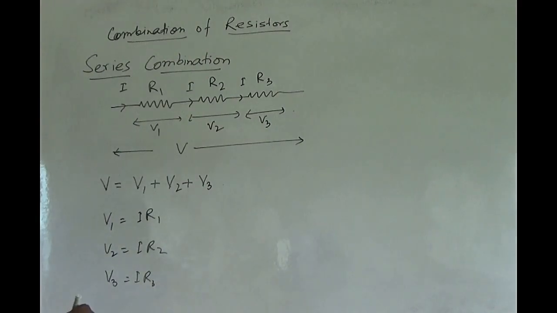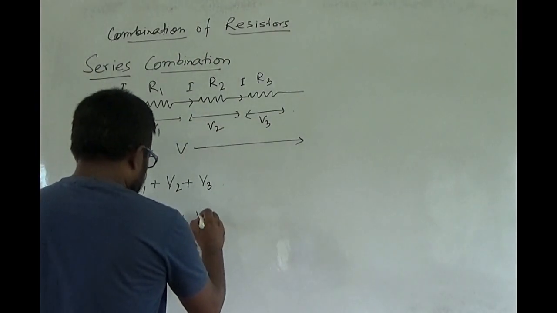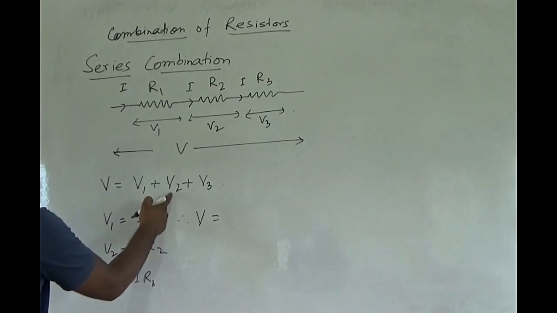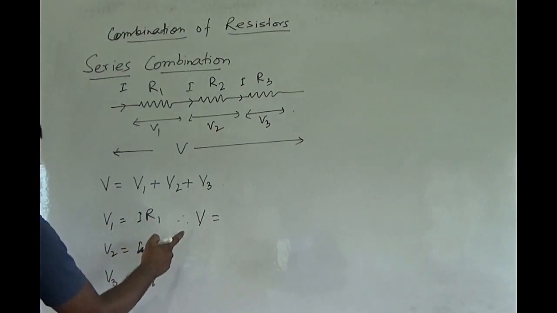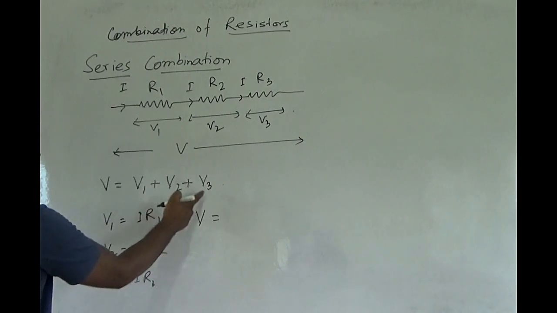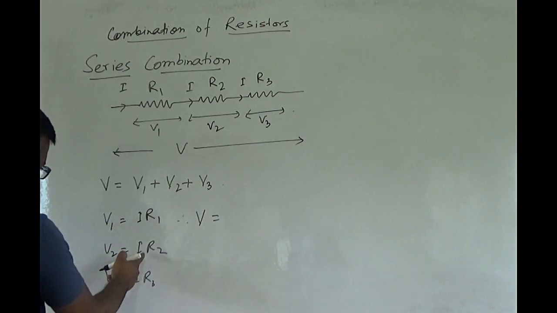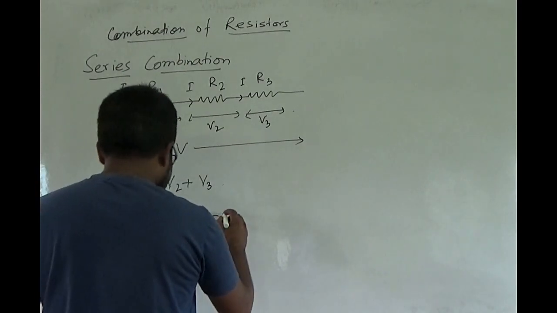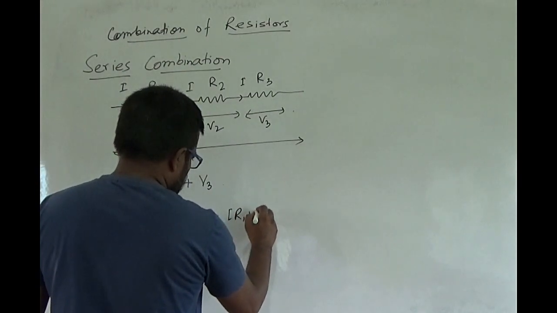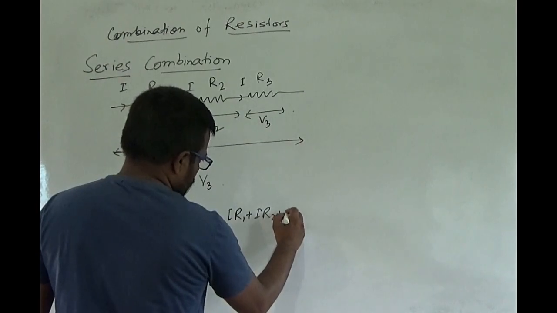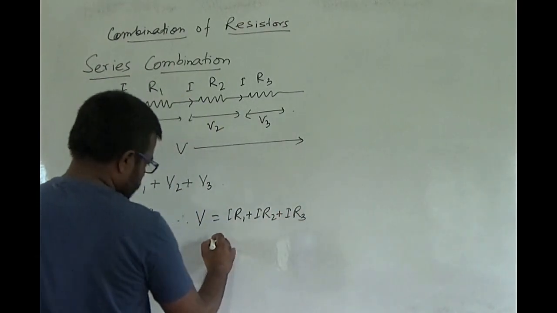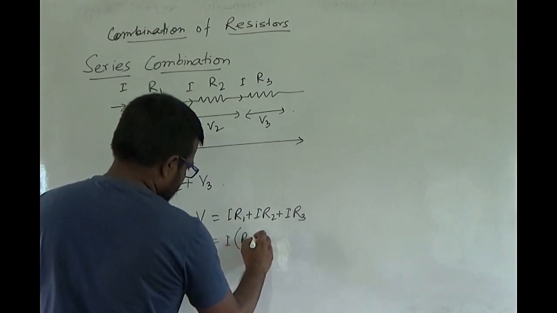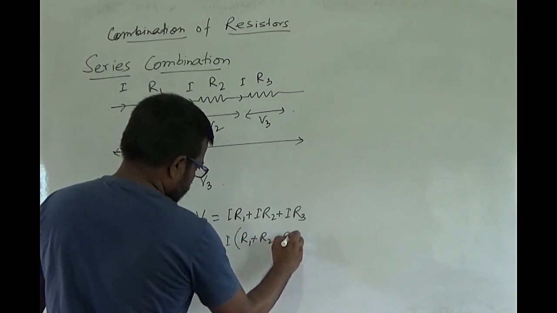Now V equals V1 plus V2 plus V3. Replacing V1, V2, V3 by I R1, I R2 and I R3, we get V equals I R1 plus I R2 plus I R3. Taking I common, V equals I into (R1 plus R2 plus R3).